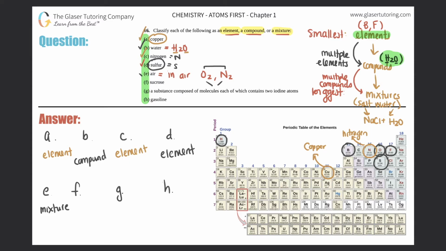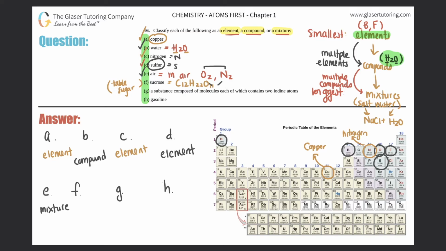Okay, next one, sucrose. Sucrose is, I believe, table sugar. Just sugar in general, so it's a more complicated form of glucose. So sucrose is actually C12H22O11. Element, compound, or mixture.